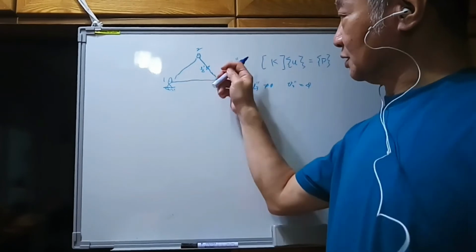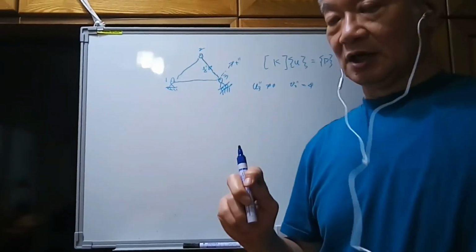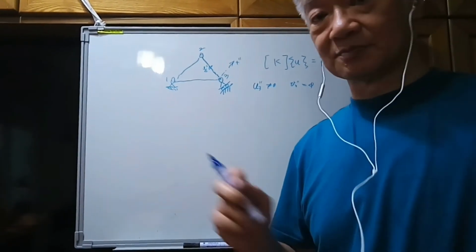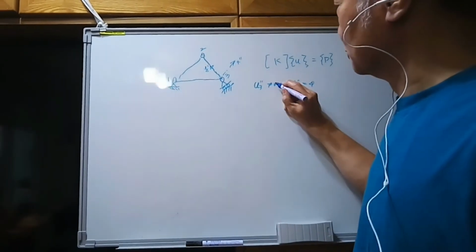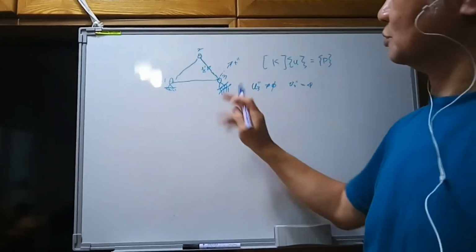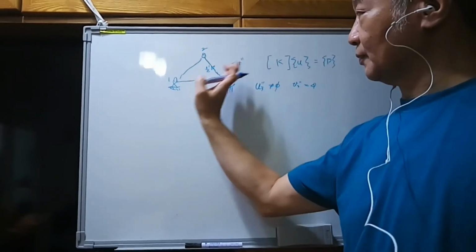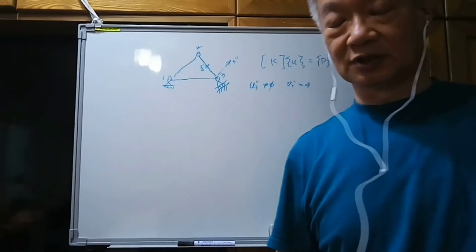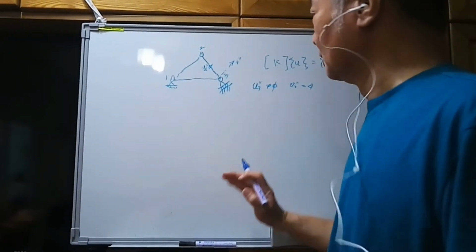For these node points, we know the V3 double prime must be equal to 0, but the U3 double prime is not equal to 0, since the roller supports allow the movement along the perpendicular direction, so that's the x double prime direction.